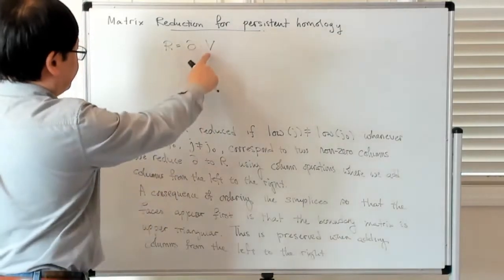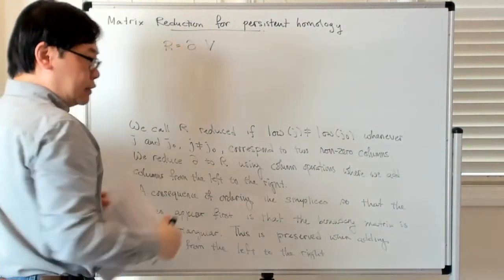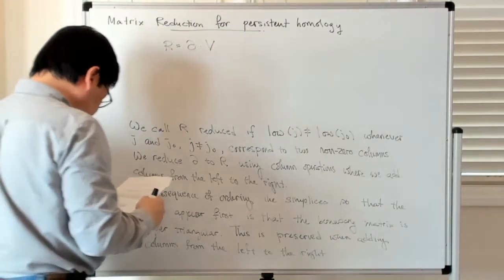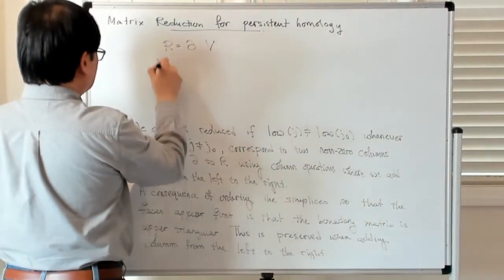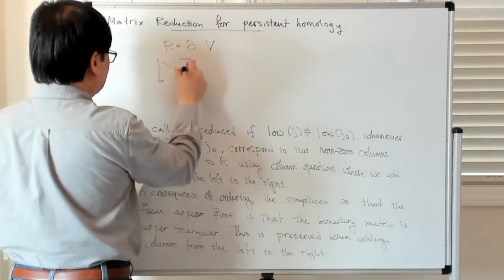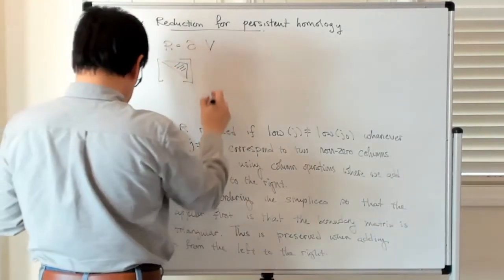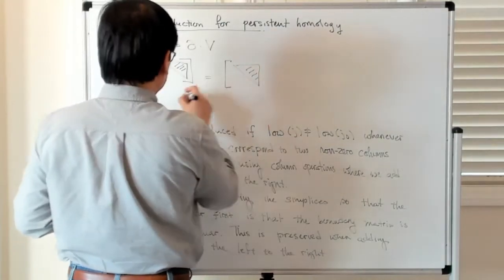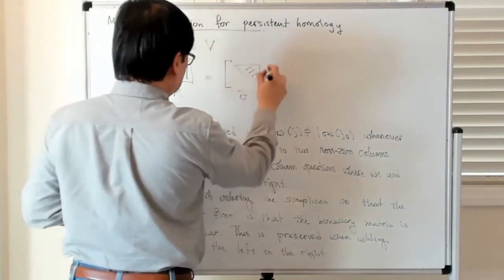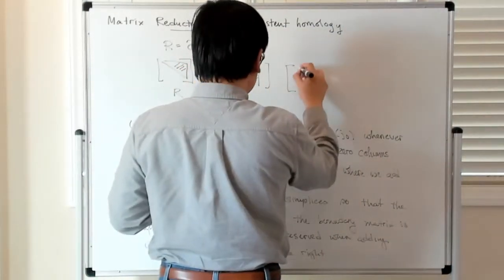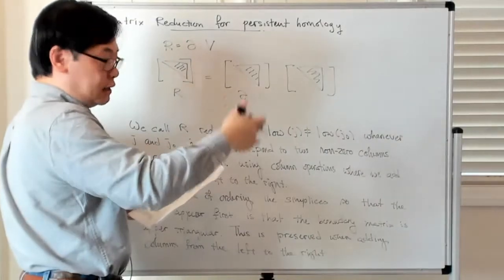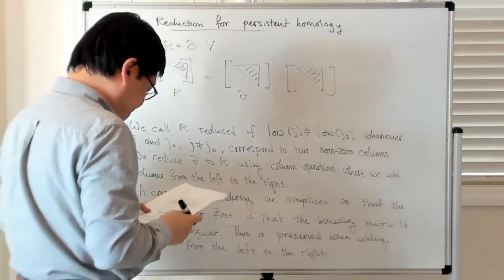That gives you these column operations. So R is related to the boundary matrix, multiplied by an upper triangular matrix which represents the column addition action.